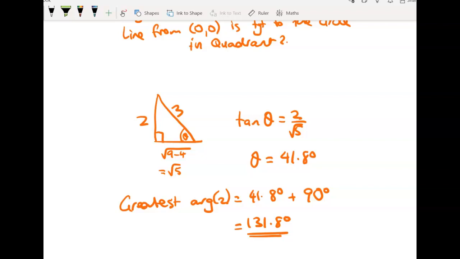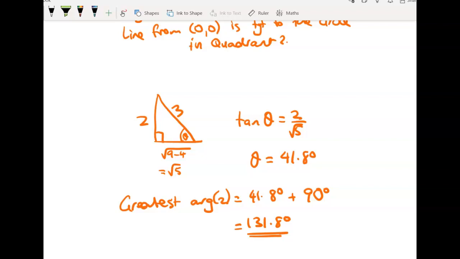So we're just going to move that ruler around, and let's see where we're going to get the greatest value of arg z. Well, you can see the smallest value of arg z would be there, right? That's where it just starts to touch. And as we move it round, you can see that the greatest value of arg z is going to be on the other side over here.